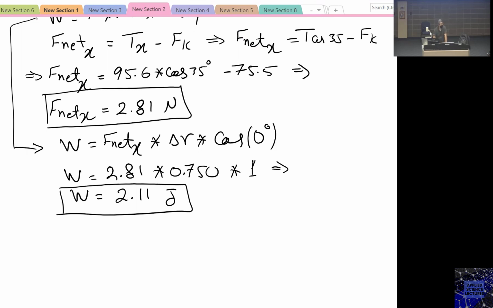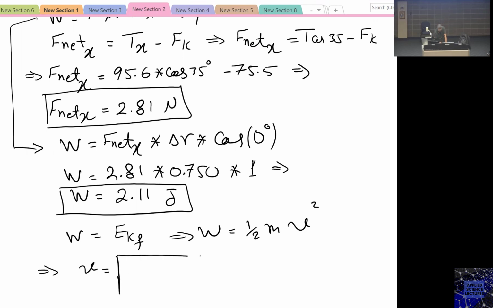Now back to the work energy theorem. We know that W equals EK final because the EK initial was 0, right? And now this W equals half m v squared, where v is the final speed. Or rearranging, v is the square root of 2 times W divided by m.